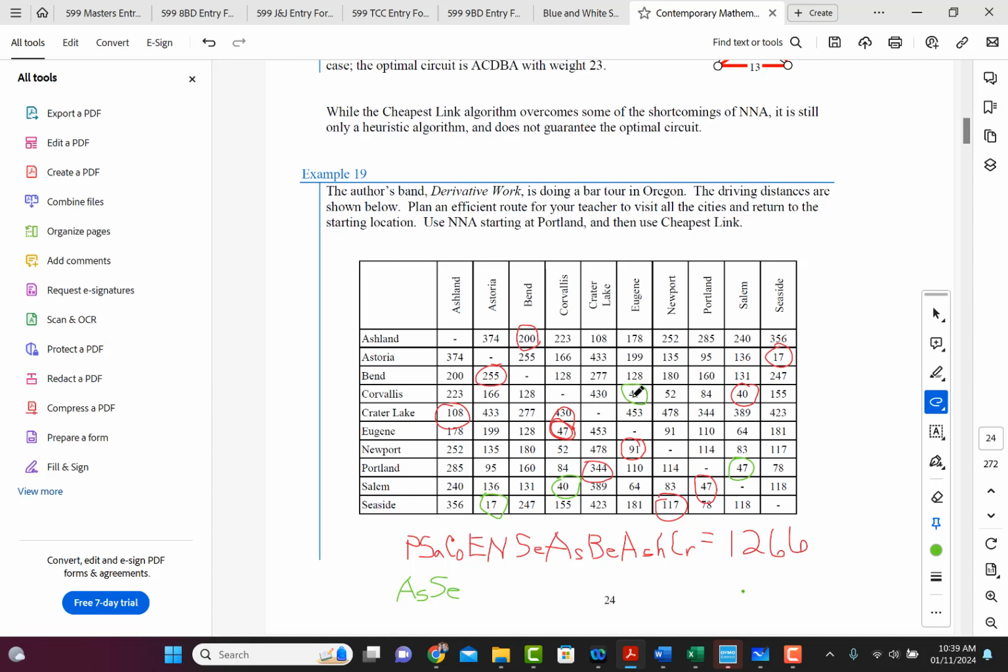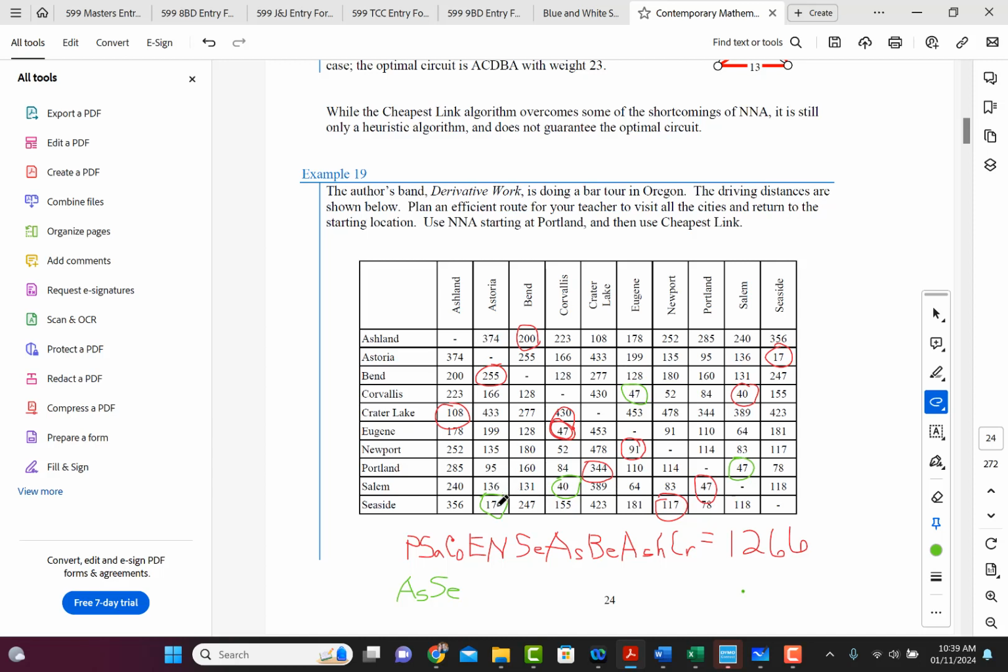Let's see, Eugene. Eugene to Corvallis. Corvallis to Salem. Actually, this will work. And then Salem to Portland. Okay, so that'll actually work.